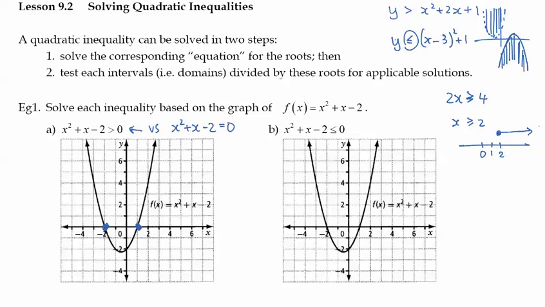In this case, everything bigger than 2 will be your solution. And now if we have a quadratic inequality, where do we get the range of values? It turns out the x-intercept on your graph will help us to find the range of values.